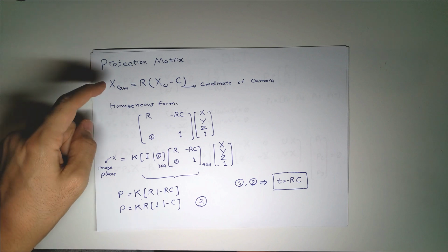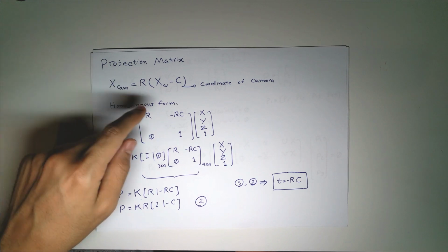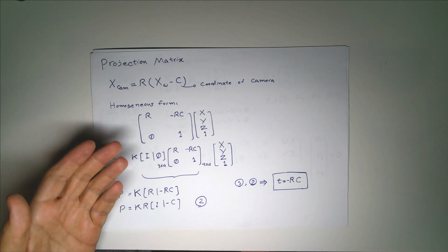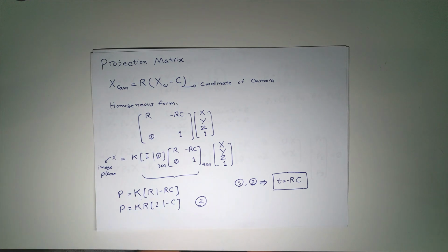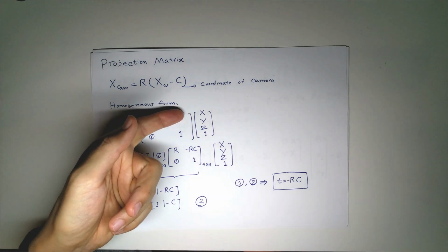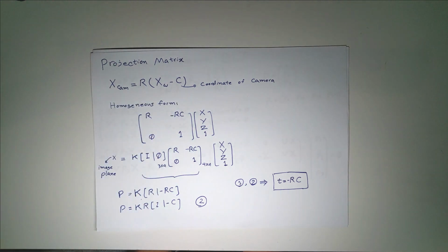If I write this in a homogeneous form with X, Y, Z, and W, which is arbitrary, I put 1, I will get such a matrix. R, minus RC: 3 by 3, 3 by 3, 3 by 1 gives me 3 by 1, and this is 4 by 4. So this gives me a point from world coordinate to the camera coordinate.